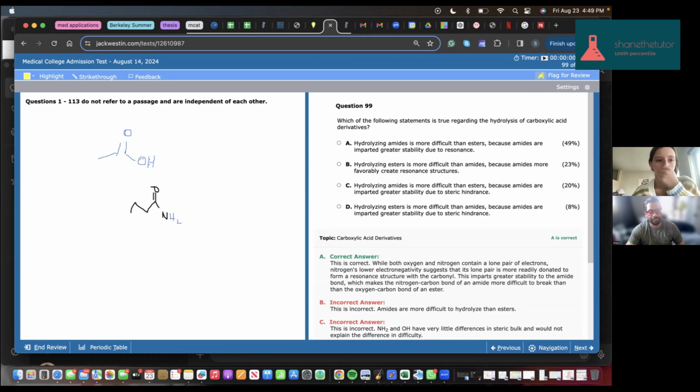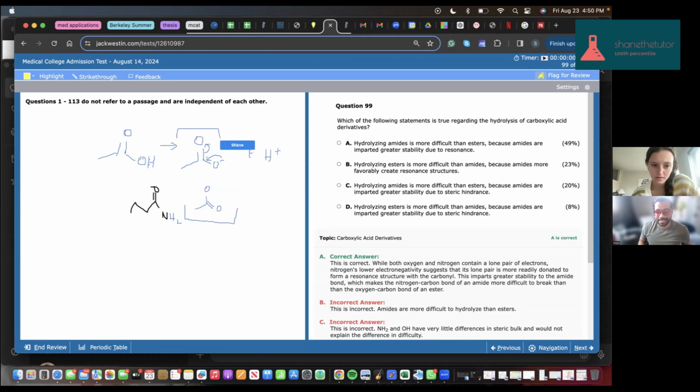That's the OH of a carboxylic acid. What you want to know when you see this, instead of just memorizing it, is what does it do? Well, it would donate protons. So this will just be O minus plus H plus. And why is it doing that? This can go here, that can go there to give you this.